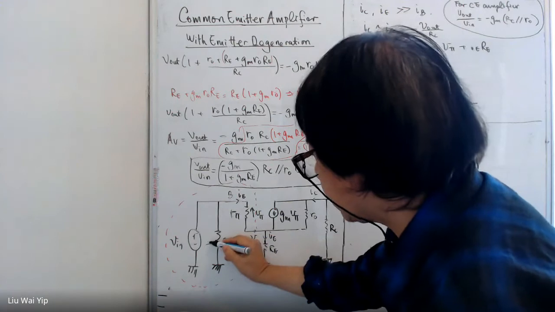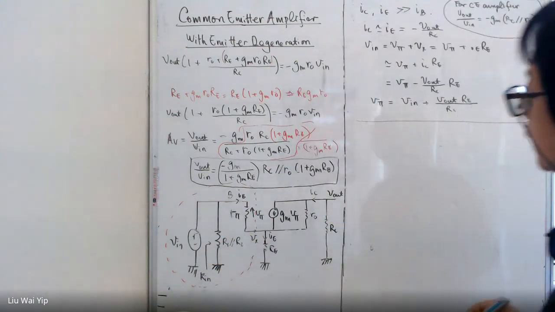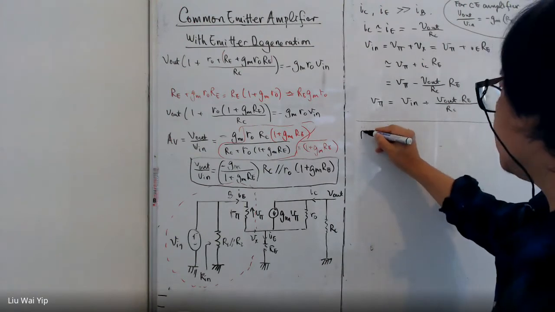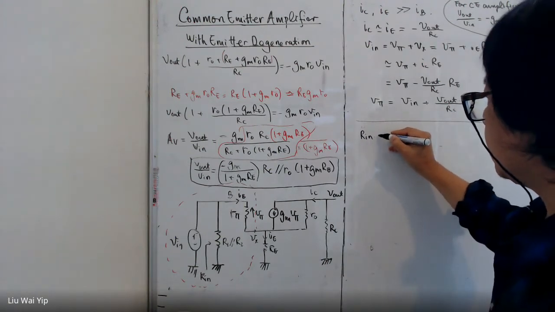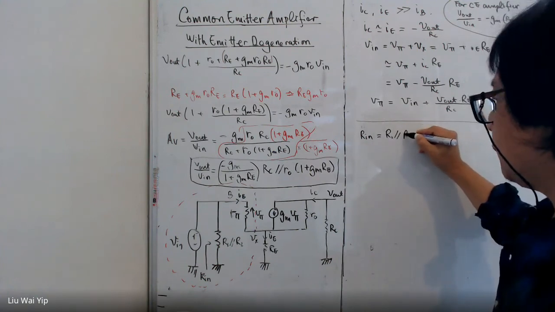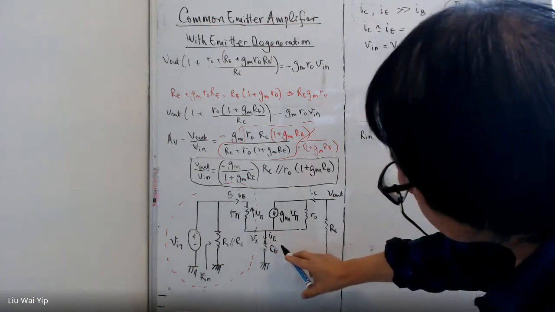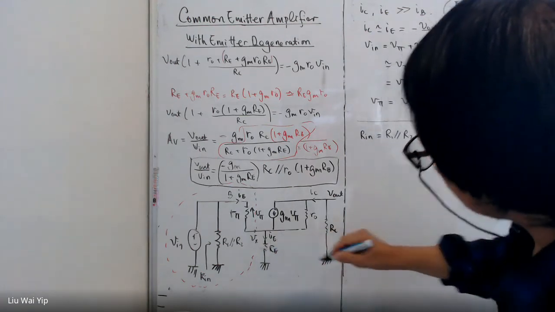So the next step is to look at the input resistance. RE in this case is equal to R1 parallel with R2. And what about the network here?